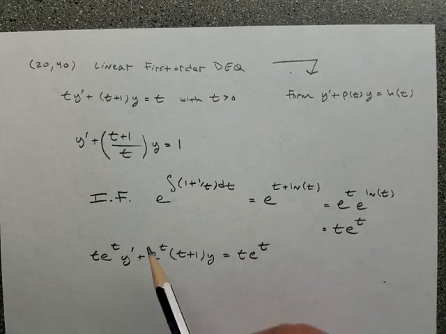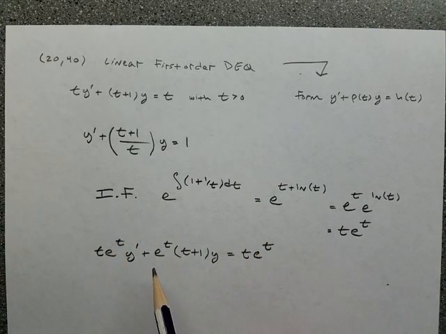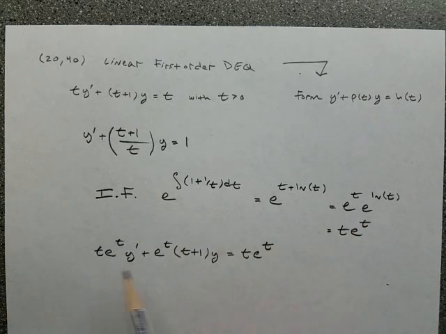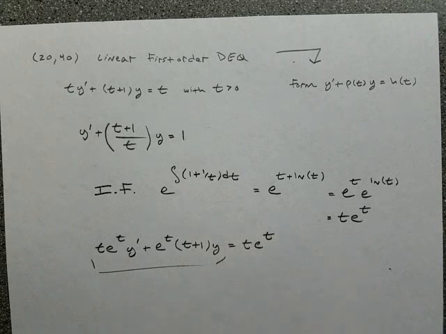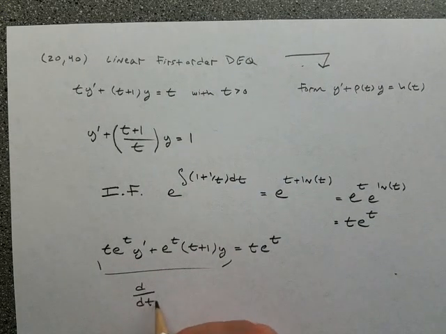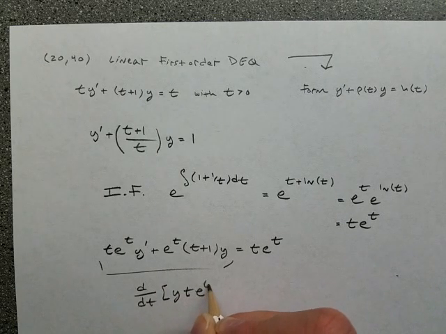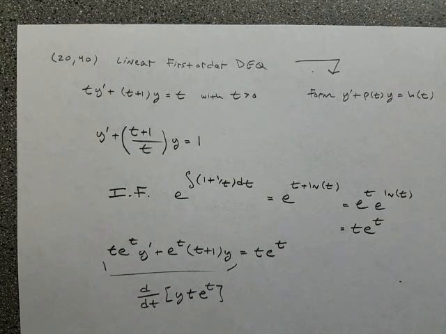Okay, so I write this down. I guess you could skip this. If you do this right, this part always works out the same way. Every time it will work out that the derivative with respect to t of y times the integrating factor should be equal to that.